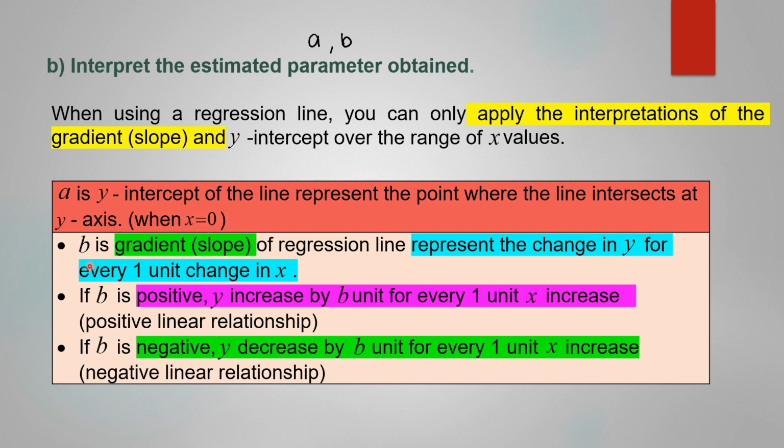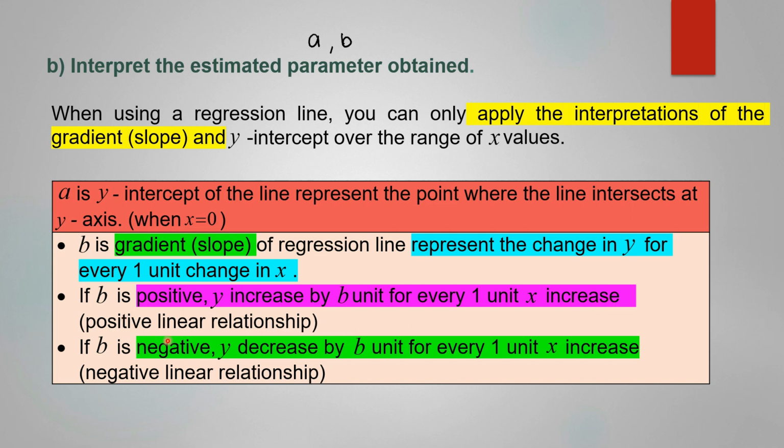And then for the value of b, b is represented as the gradient or slope of the regression line, representing the change in y for every 1 unit change in x. If your b gives a positive value, it means that y increases by b units for every 1 unit increase in x.